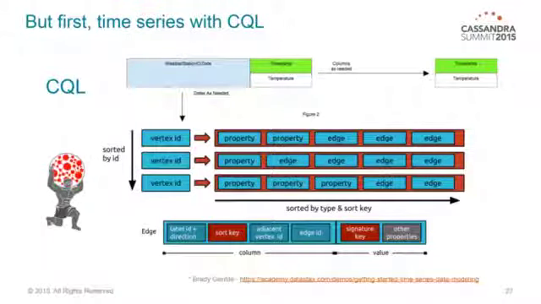Each one's going to be in a separate column. And then your edges are stored in an adjacency list format. So your edges will be stored with that vertex, and they're going to be stored on both sides of that edge. If you think about it, you have vertex A, you have vertex B, you have an edge between. That edge is actually going to be duplicated to both of those vertices in most cases.